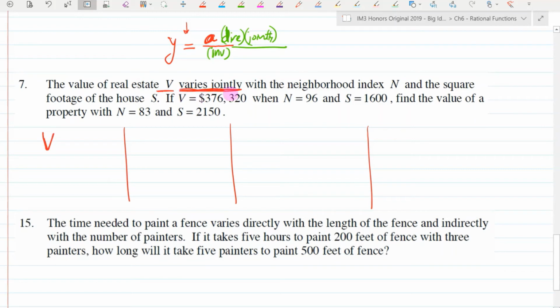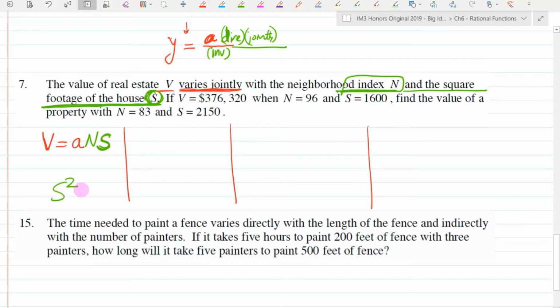V varies jointly with the neighborhood index and the square footage of the house. Now, I don't like to use S because my S's look like 5. The word inverse isn't in here. That means that there's not going to be a fraction. So I'm going to say N for the neighborhood index. Actually, let's just use S since it's here. S, make sure it doesn't look like a 5.